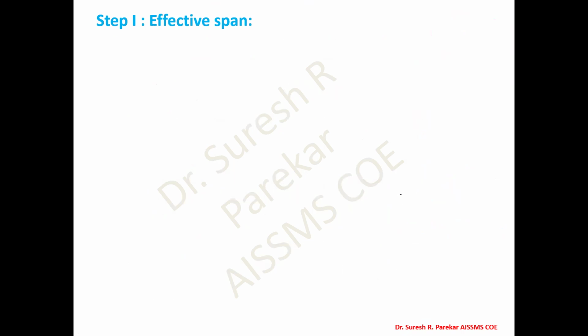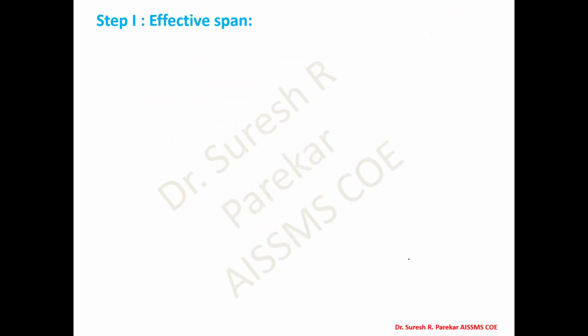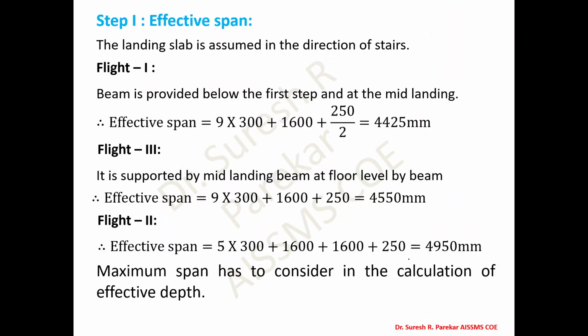If I go over here, we have the beam provided here, that is 250. And therefore from the center we have to add 0.125 over here, and then that value becomes 4500. We have to consider the maximum of the three, and the maximum of the three is 4950. So then we have L effective as 4950 millimeters.